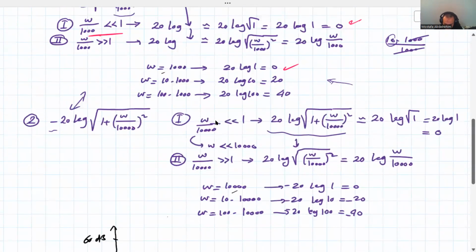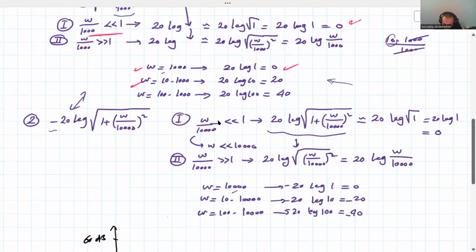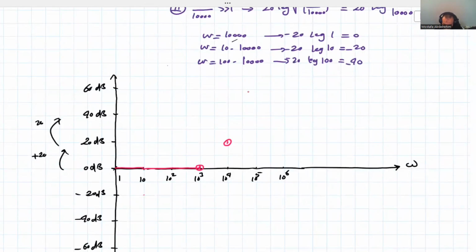Then at 10,000, we have 20. At 100,000, which is 10 to the power of 5, we have 40. And so on, by the way. If you take 1 million, it will be 60. Then you connect them together, and this is number 1.